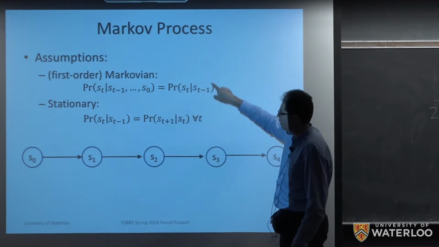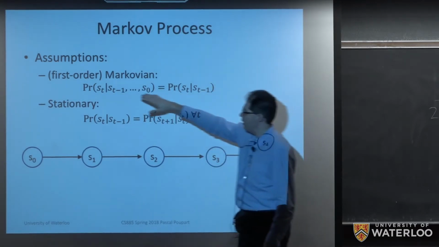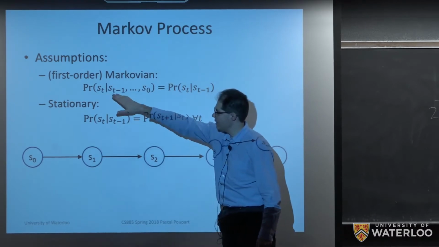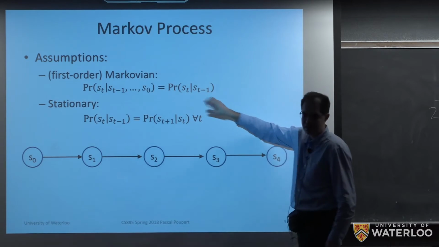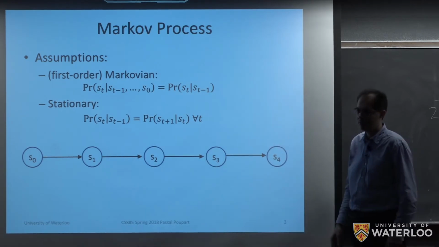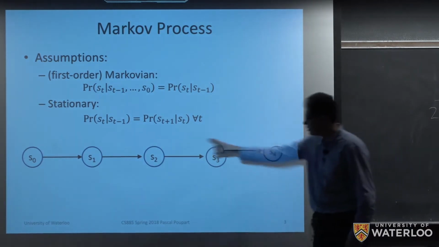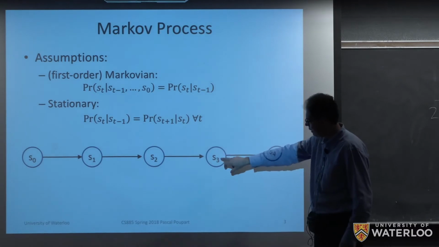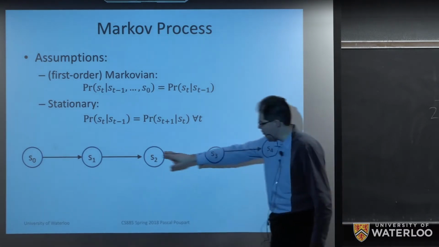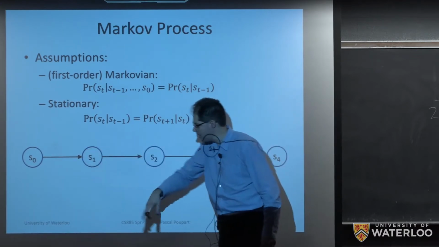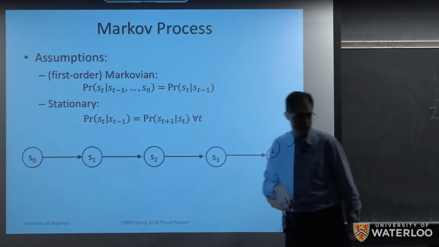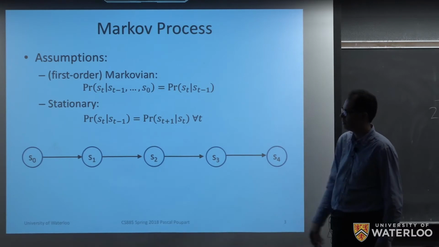And if you recall, that means that the probability of a state given all the previous states is equal to simply the probability of a state given the immediately previous state. So in this graph, if I look at S3, it depends only on S2, and it's actually independent of S1 and S0 given S2. So this was the Markovian assumption.